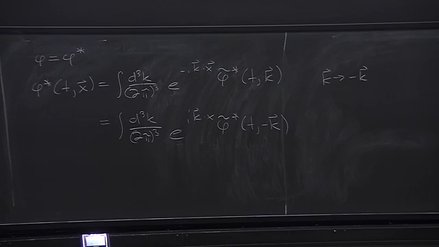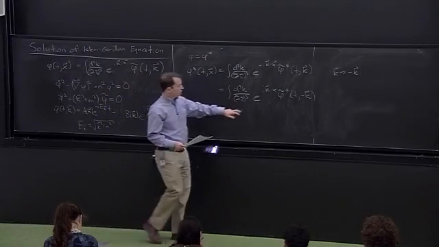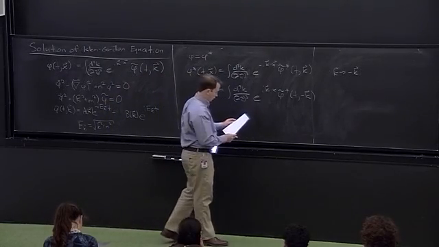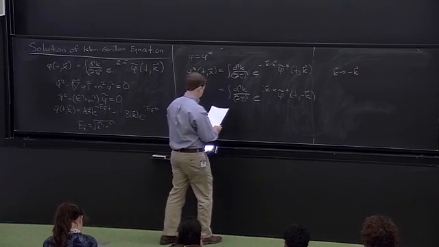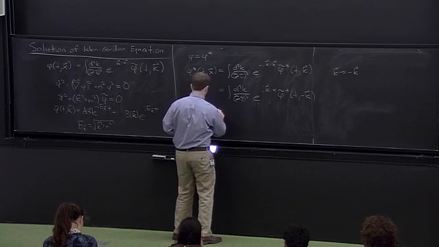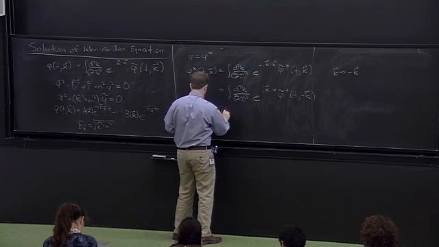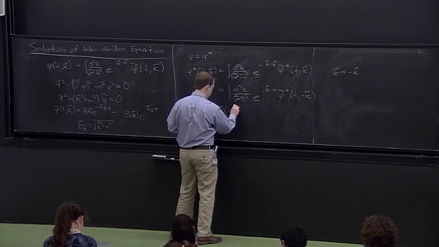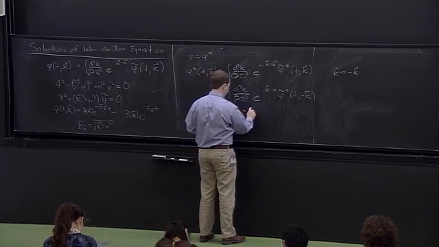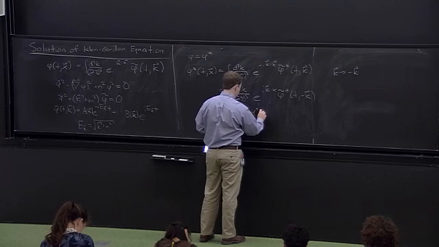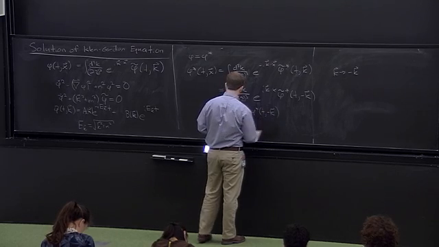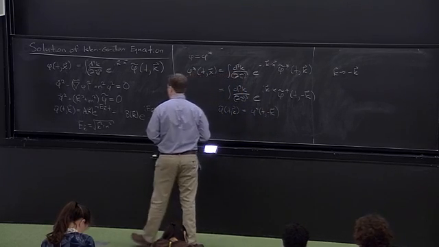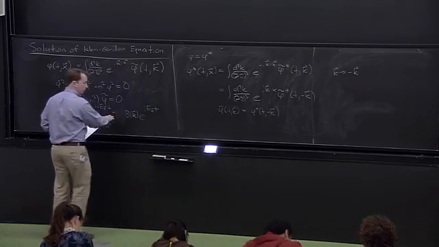Okay, so these two expressions are equal if phi-tilde of t and k is equal to phi-tilde star of t and minus k. And this is our expression for that.